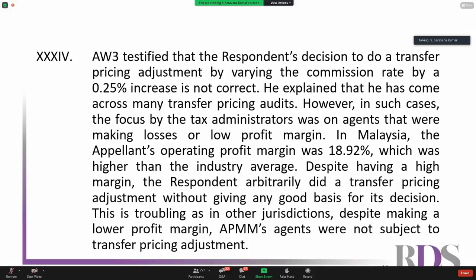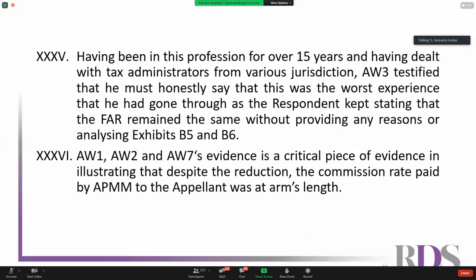Yet the IRB did a TP adjustment without any good reasons, and he said this is very troubling, because in other jurisdictions, even with a lower margin, the agents were not subjected to any transfer pricing adjustments. So he's an expert giving his assessment on what is happening, and he said this is very interesting.